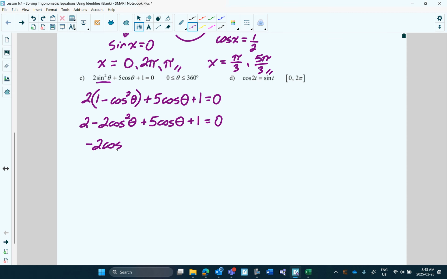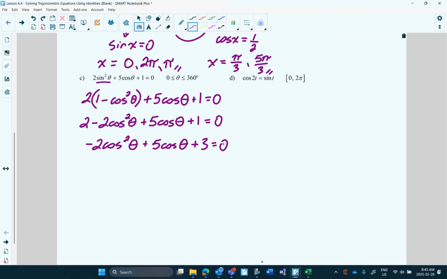Two plus 1 makes 3. What's a bit of a problem here before I start to factor? Yeah, that negative, because we normally see positive, right?